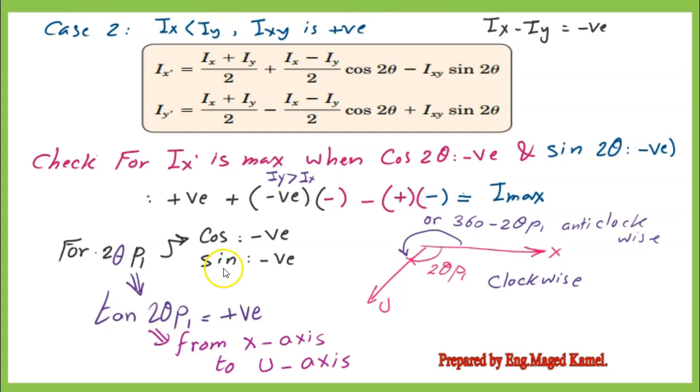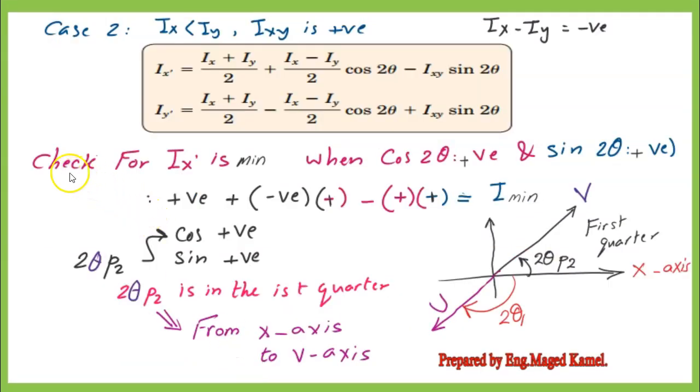This means that 2 theta b1 is in the third quarter, where the 2 theta b1 value is from 0 to minus pi. Consider 2 theta b1 as the angle from the x-axis to the u-axis in Mohr's circle of inertia in the clockwise direction.